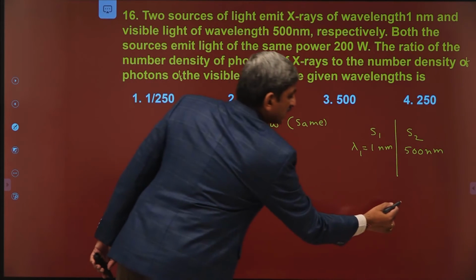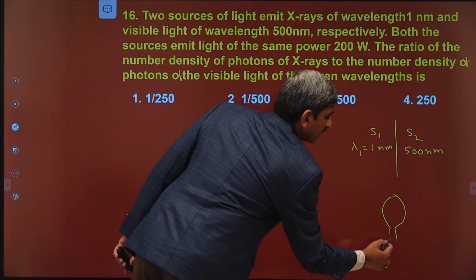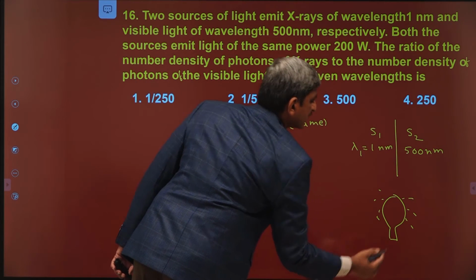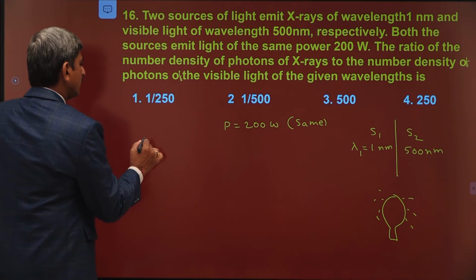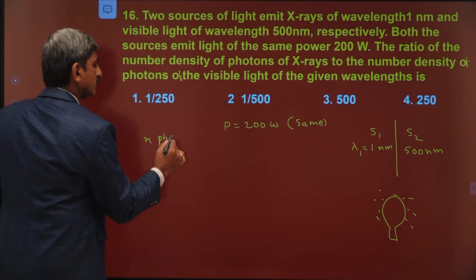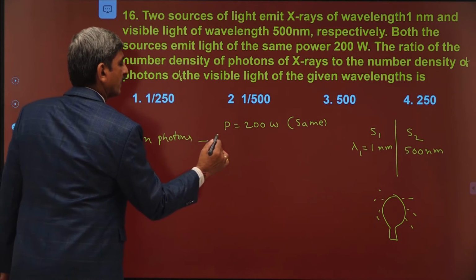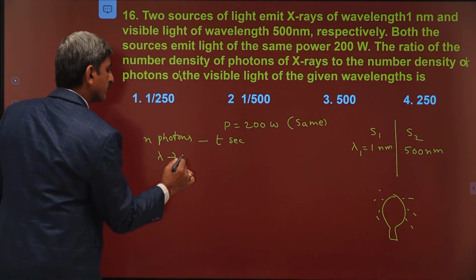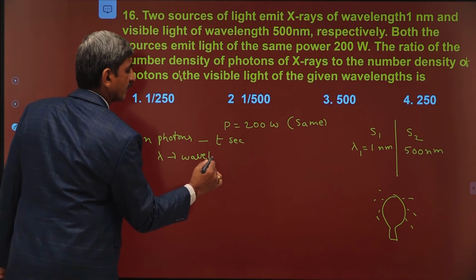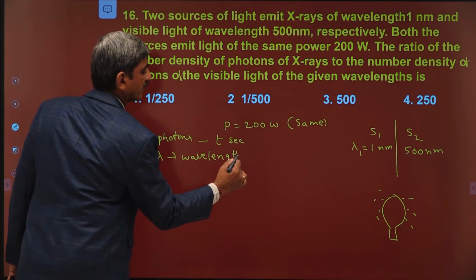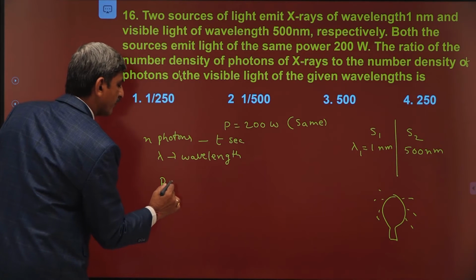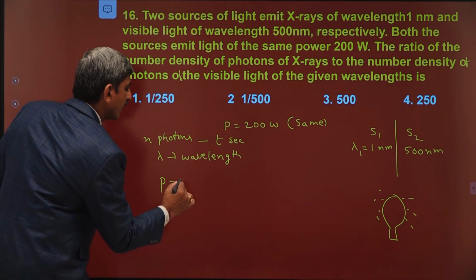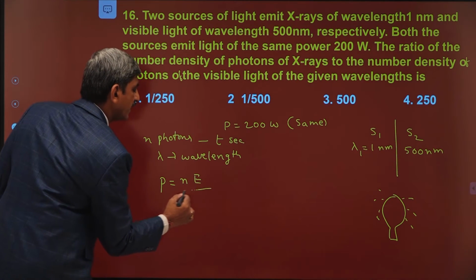Suppose this is the source which is emitting the light radiation by means of photons. Let us assume that it emits N photons in t seconds, whose wavelength is lambda. Then the power of the source can be determined by the formula P is equal to total energy emitted divided by the time, which is equal to NE by t.